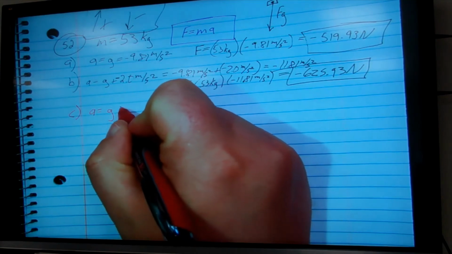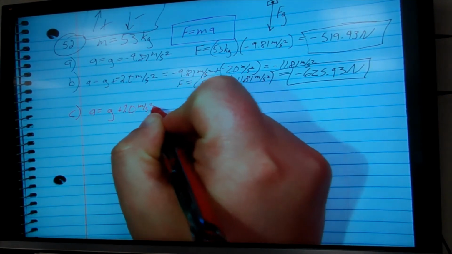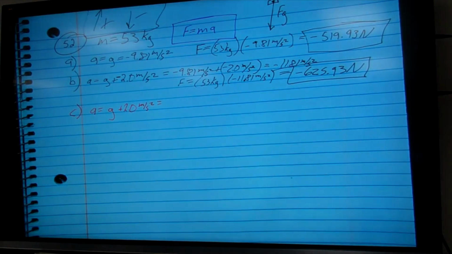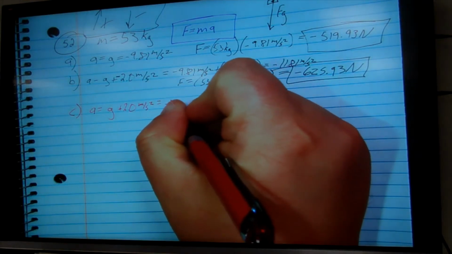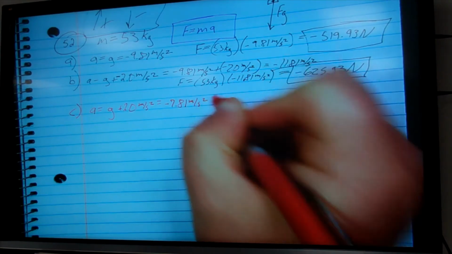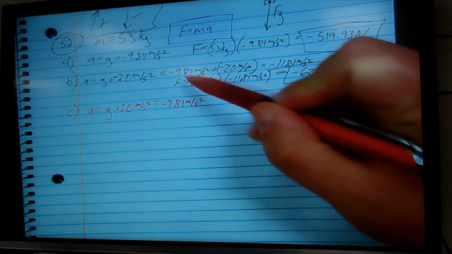So we're actually going to add the 2.0 meters per second squared here to get, like, negative 9.81 plus 2. So we get negative 7.81 meters per second squared. So gravity is negative. The gravity's going down.